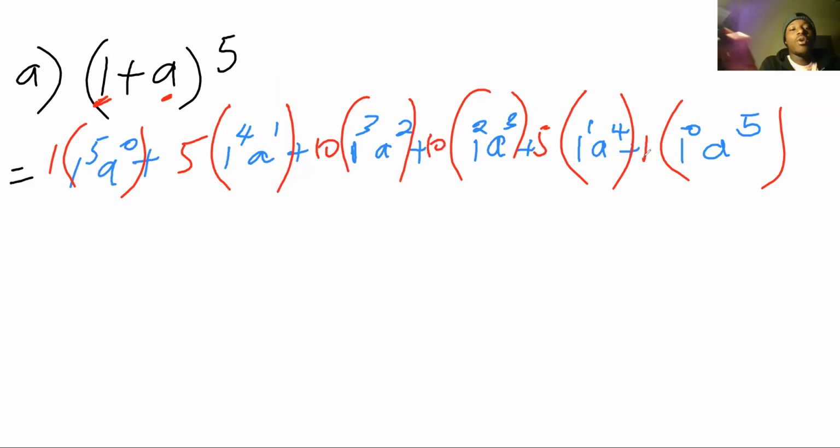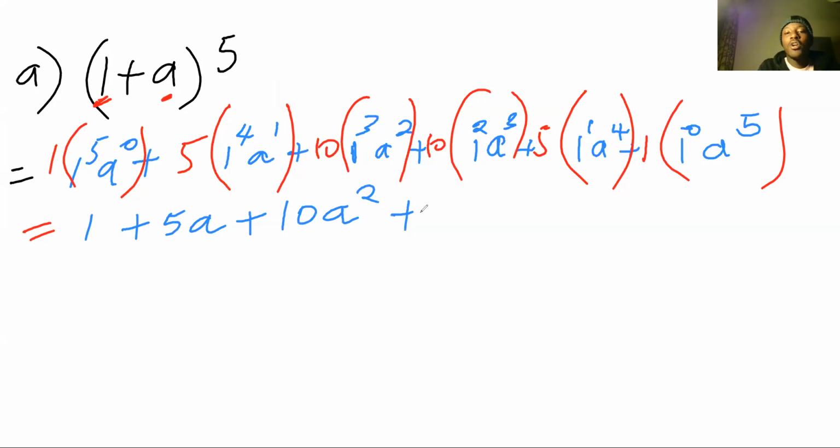So anything 1 to power something is 1, and anything to power 0 is just 1. So this one will be 1 plus 5a, then 10a squared, then 10a cubed.